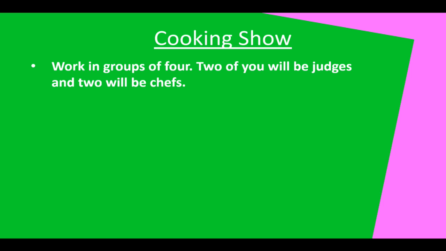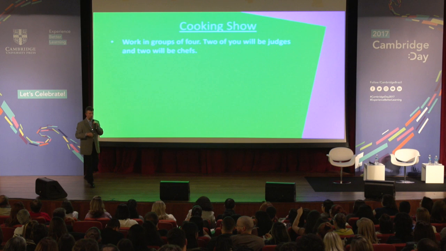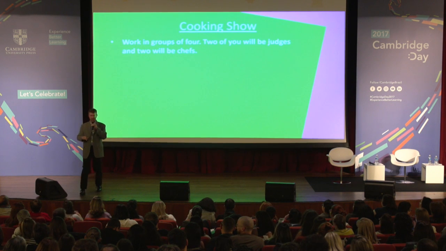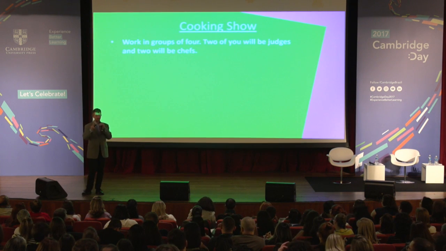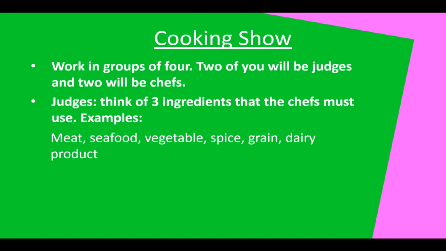2 of you will be the judges of the cooking show. Okay, 2 of you are judges. The other 2 will be the chefs. Okay, so 2 judges, 2 chefs. Now, judges, you will think of 3 ingredients that the chefs must use, okay?